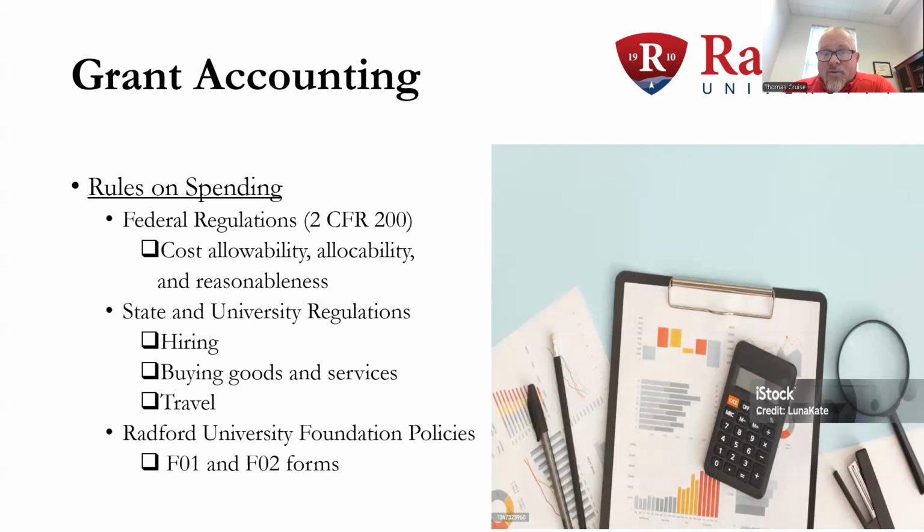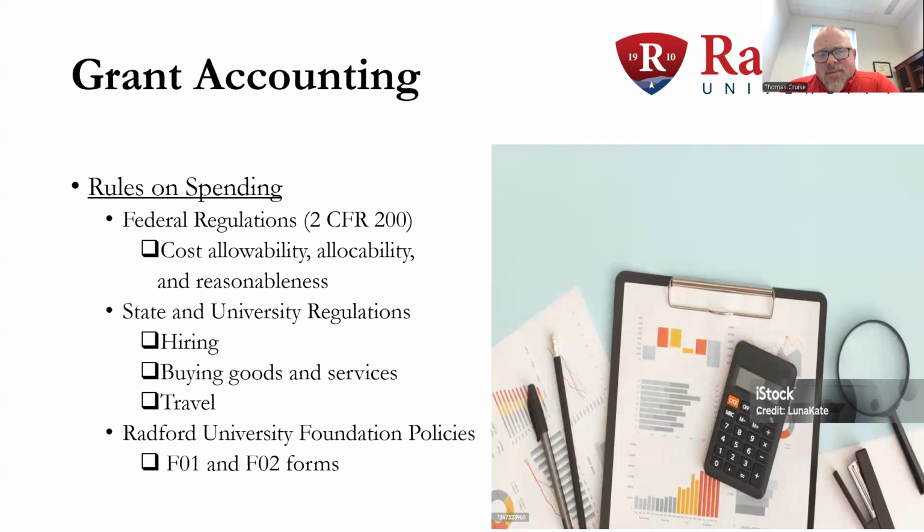CFR stands for Code of Federal Regulations, a document legislatively put together by the federal government that spells out the rules and regulations on how to spend grant funding and other areas as well. But we'll focus on spending on this slide.